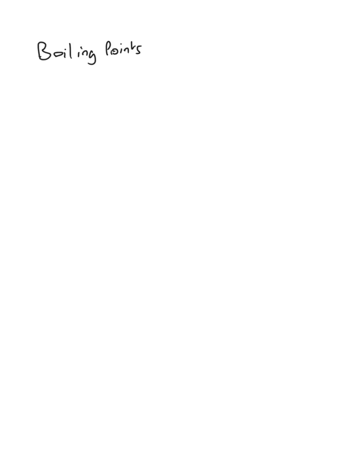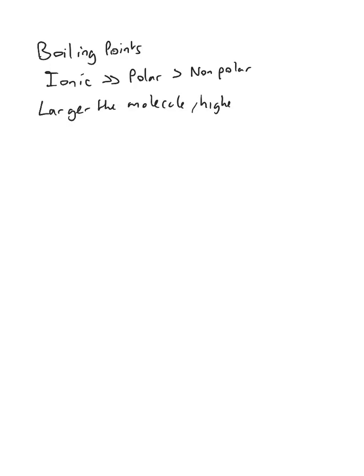What about boiling points? Well, same trend. Ionic compounds have a much higher boiling point than polar compounds, which are much higher than non-polar compounds. Another trend, of course, the larger the molecule, the higher the boiling point.